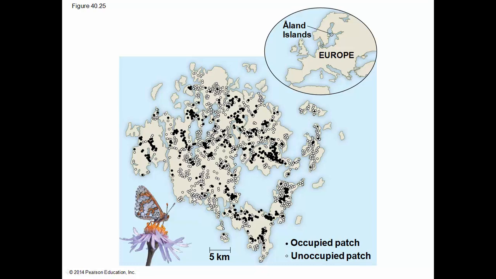So those are unoccupied patches. These are all metapopulations throughout here, and they could exist. So on the Åland Islands, local populations of this butterfly are found in a fraction of suitable habitat patches at any given time. Individuals can move between local populations and colonize unoccupied patches.